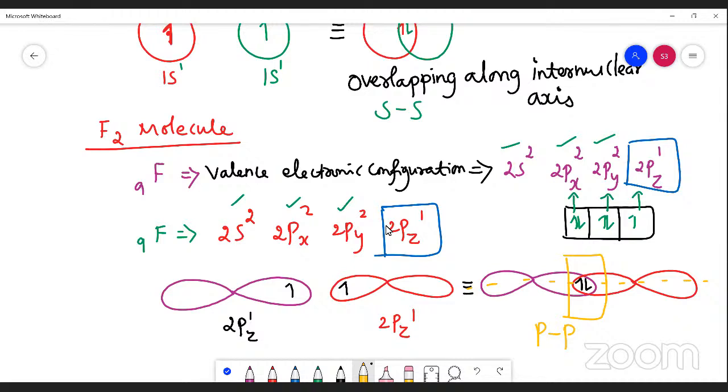The type of bond is a sigma bond. And the 2pz atomic orbital only can take part in the bond formation. You should be able to say which orbital, what is the valence electronic configuration, and what overlapping is possible.